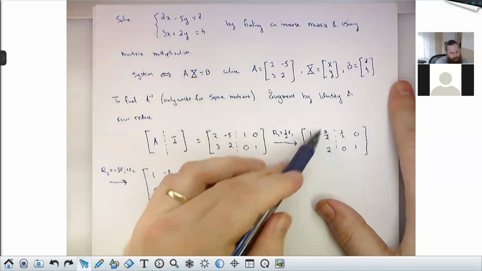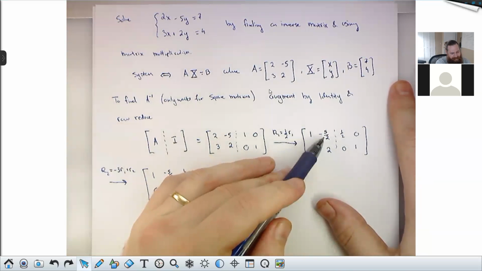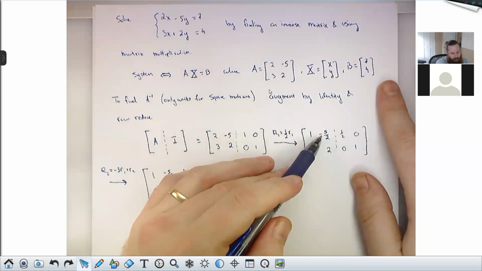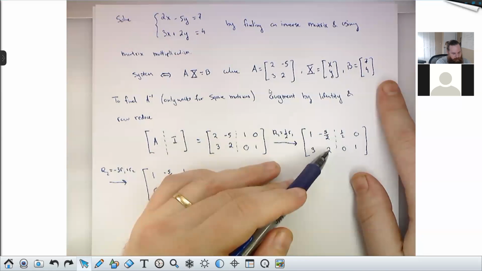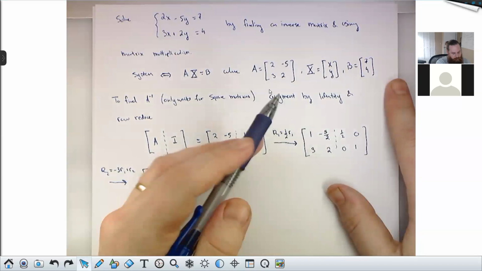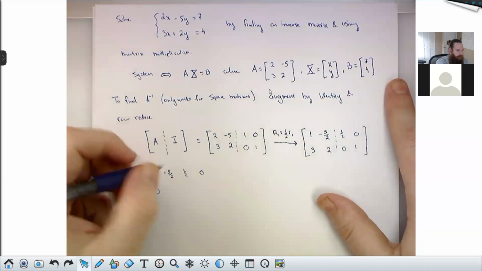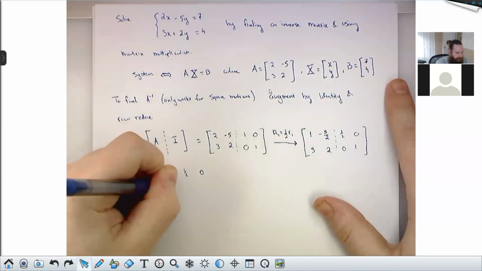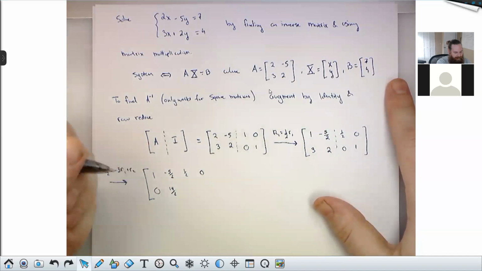Multiply this by -3, you get positive 15 halves. 15 halves plus 2 is 15 halves plus 4 halves. 15 plus 4 is 19, so that's 19 halves.